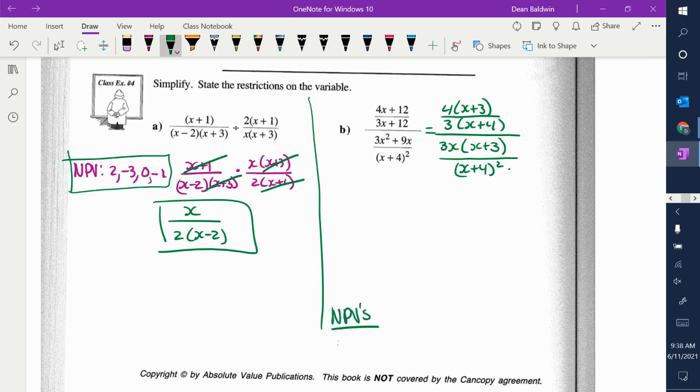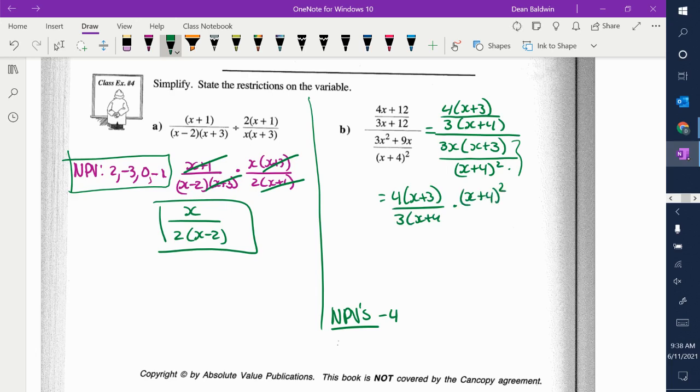So when it looks like this, just look at the denominators of each fraction. These two. What are my NPVs? -4 is all you see there. You probably already know what the next one's going to be. So -4. Then you flip the bottom one, right? So this one gets flipped. So this becomes, yeah, that's it.